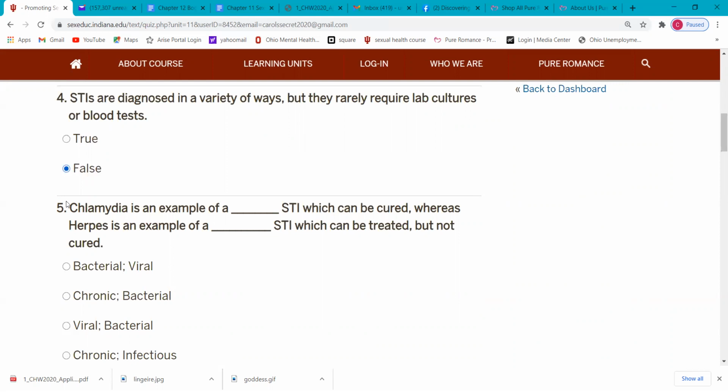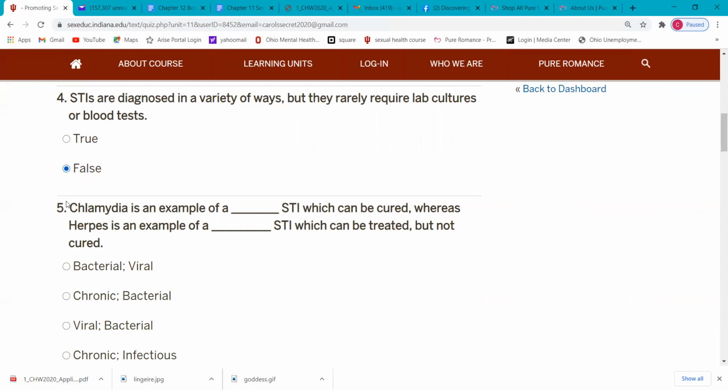STIs are diagnosed in a variety of ways, but they do not rarely require lab cultures or blood tests. They require lab cultures and blood tests. So you see the trickery right there? It says they rarely require lab cultures. That is false. We need those lab cultures.